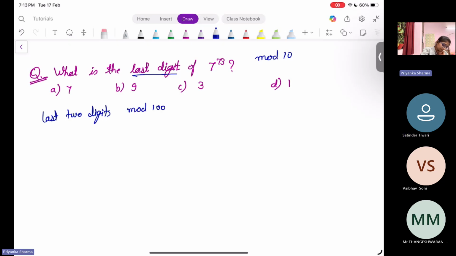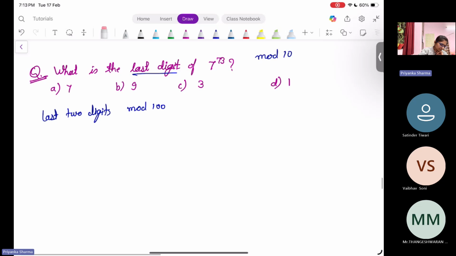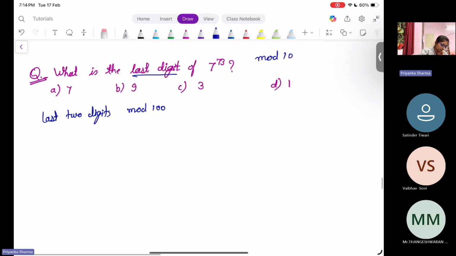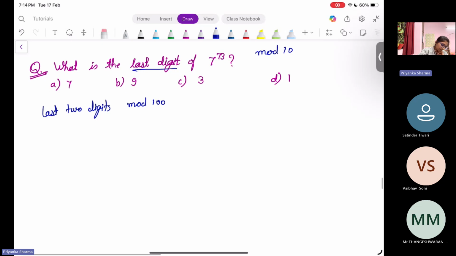And if one asks what will be the unit digit, like unit place, that will be the last digit. What will be the digit at the tens place? First you will calculate the last two digits and then take the second last. So these are some questions which are usually asked in competitive exams.